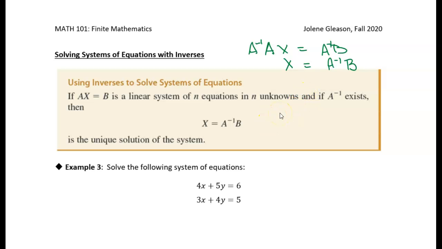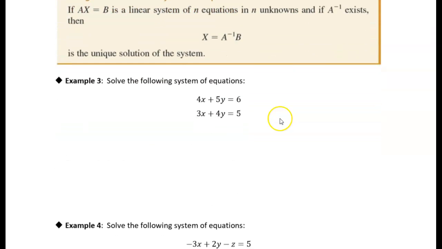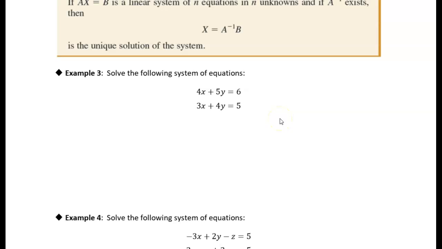All right, so let's see how this works. So here we have a system of linear equations, and if you remember from the last lecture, we can write the system of linear equations as a matrix equation, right? We're going to write it as a matrix equation, [4, 5; 3, 4] times [x; y], that's our variable matrix, and that's equal to [6; 5].